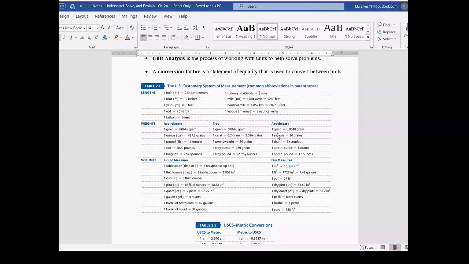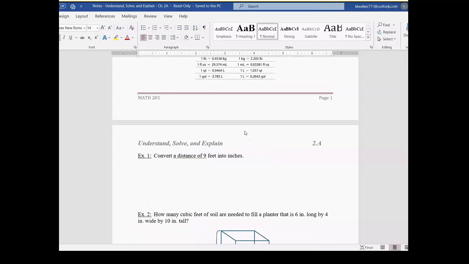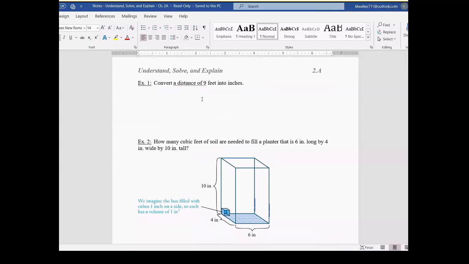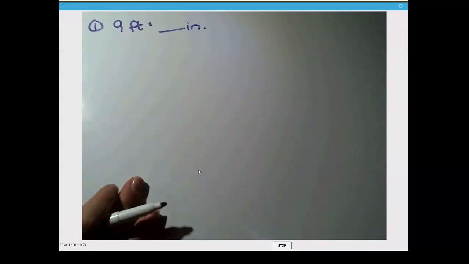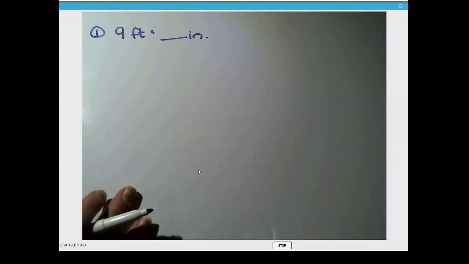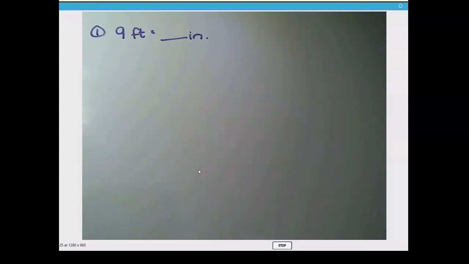Okay, so let's get started. Here's where the first example begins. They want you to convert 9 feet to inches. Now, before I work this out, I already am aware that all of you could probably just do this without setting it up the way that I'm going to do it.